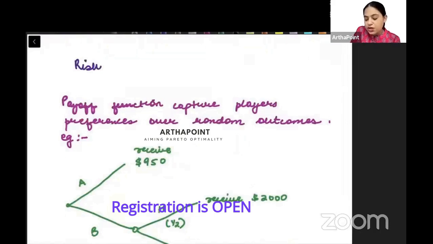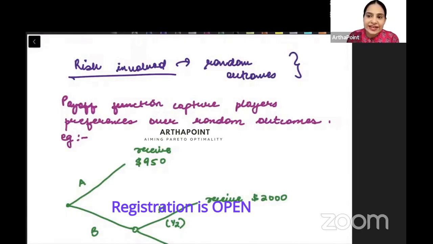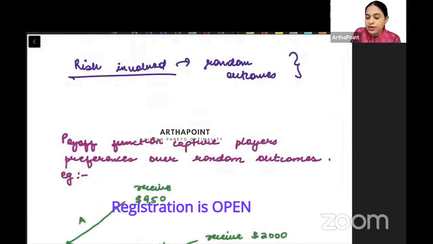Okay, so to begin with, let me give you one example of what is risk and where risk is involved. Risk is involved wherever we talk about the presence of random outcomes. Just say if I toss a coin, I can either get heads or tails. So there is presence of randomness involved, there is presence of probability involved.